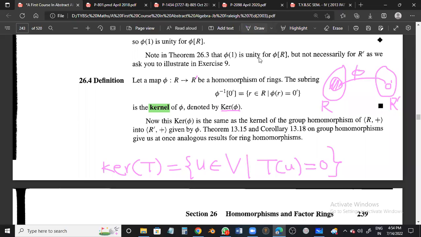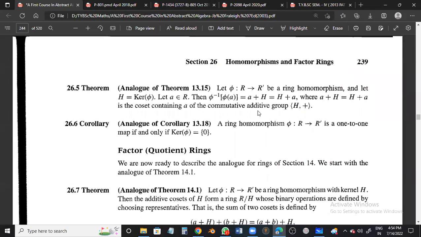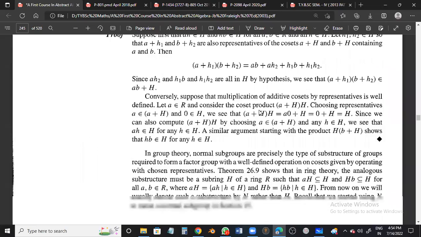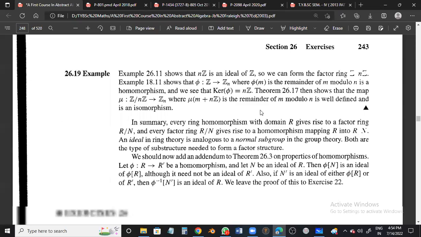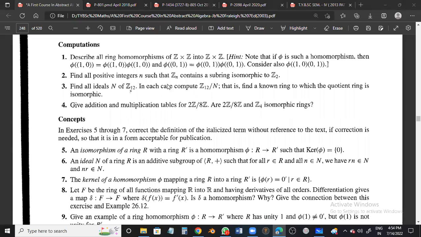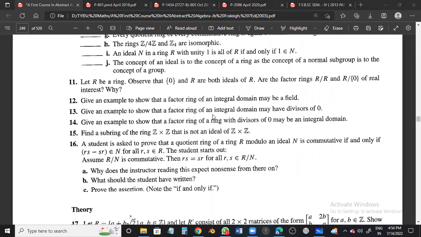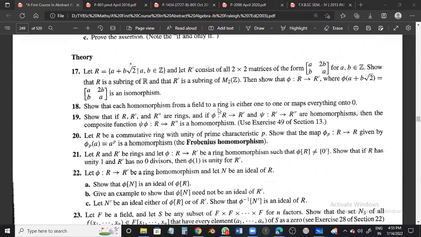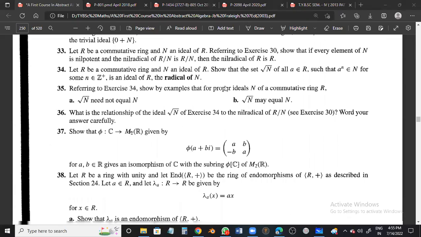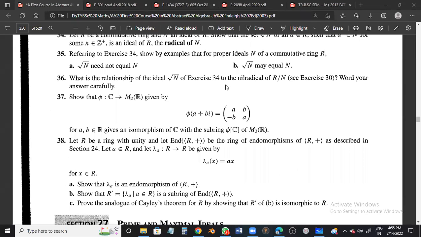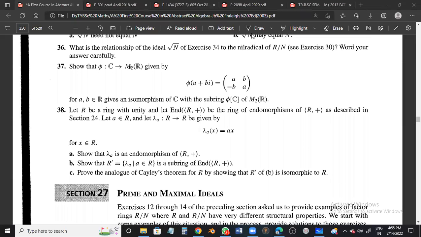So I would like to go to one example that will make it more clear. Hope you are familiar with this example, the 37th one.